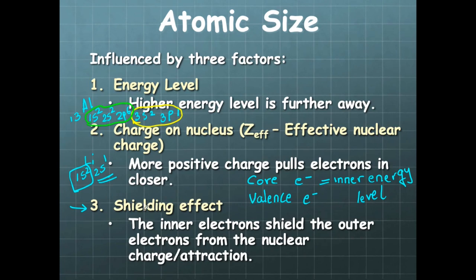Okay, now shielding effect means the inner electrons, which are the core electrons, act as a shield to the outer electrons from the nucleus, and therefore would decrease the pull of the nucleus on its valence electrons. So let's take an example of lithium. We know that lithium has two energy levels.